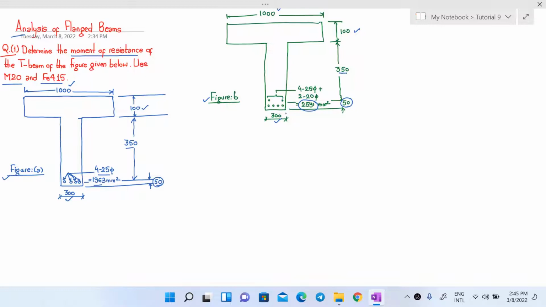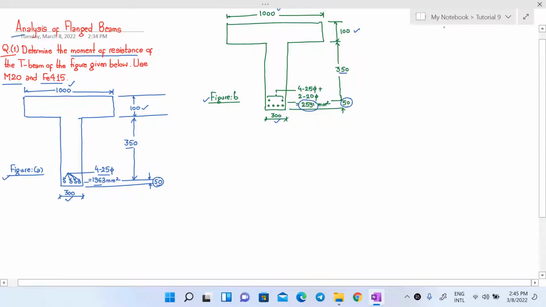If you remember what we discussed during our last lecture, let me revise a little. We discussed 4 different cases for the analysis of flanged beams. The first case is in which the neutral axis lies within the flange of the T-beam. The second case we discussed is where the neutral axis lies in the web and our beam was balanced.